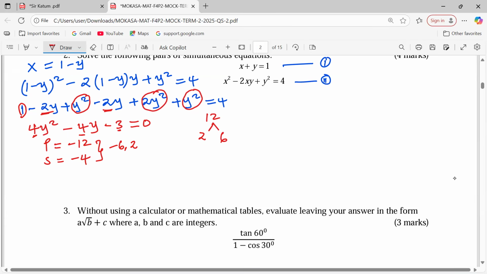But just at that point, look at 2 and 6. The product of 2 and 6 is 12. And depending on how we manage the signs, for us to get a product which is negative, one of them should be negative. So when we make 2 negative, we shall have -2 times 6, giving us -12. And -2 plus 6 becomes +4.